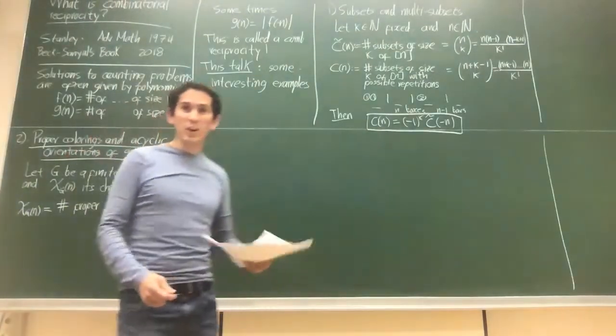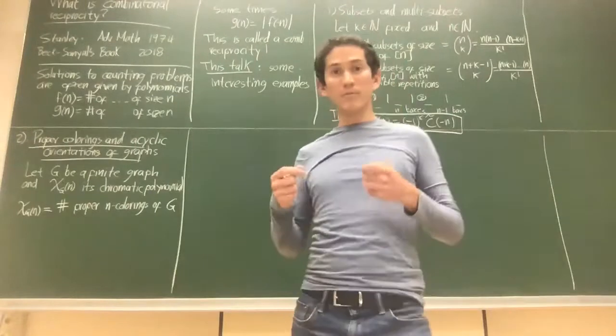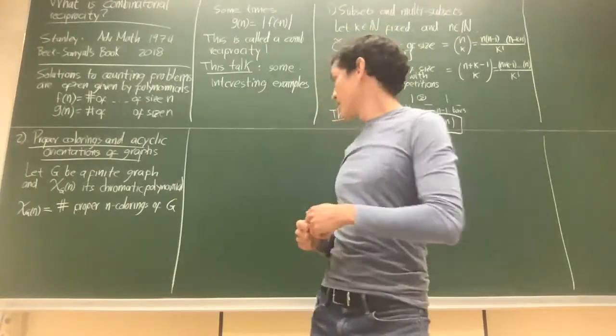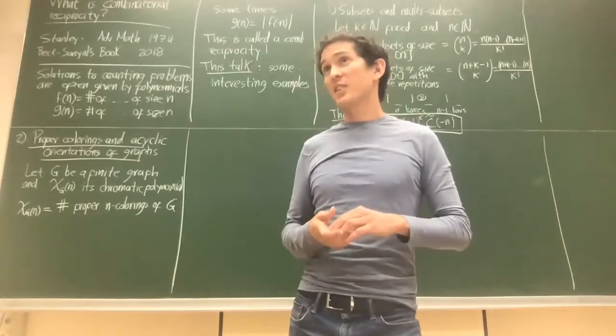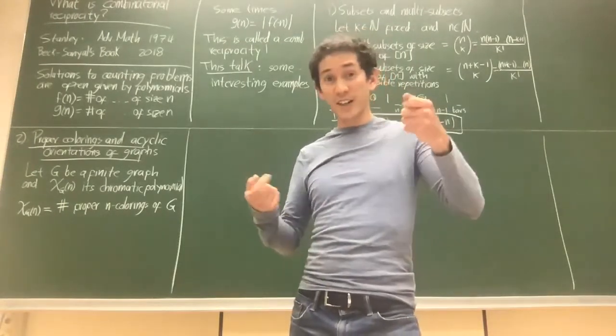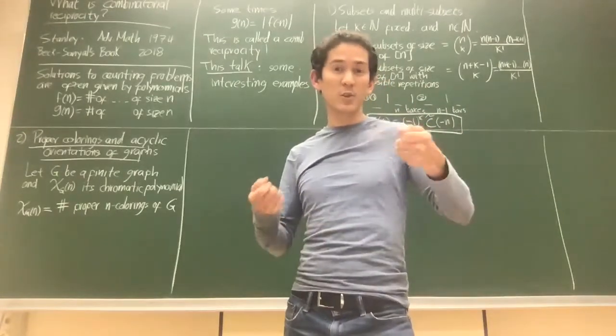And what is a proper n coloring? You have a graph, and you are interested in assigning colors labeled from 1 up to n to the nodes in such a way that if you have two vertices that are adjacent, connected by an edge, then these two colors are different.